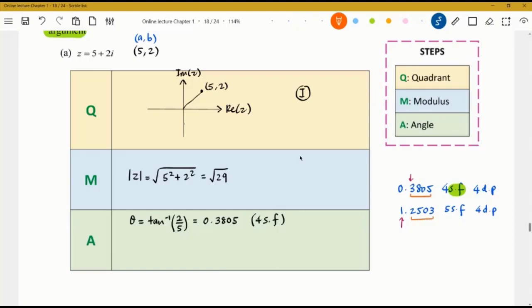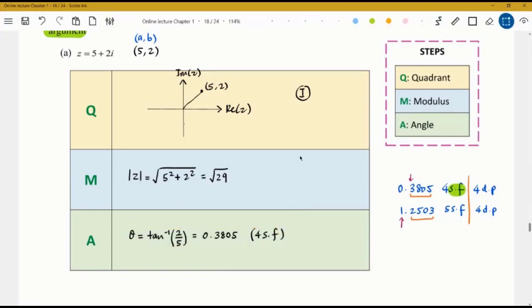Okay, so you need to know the difference between significant figure and decimal places. Sebab nanti incoming pun kita akan jumpa lagi banyak in term of this form. For significant figure ataupun for decimal places ataupun other than that. Okay, so that's how we find for the argument untuk soalan part A.